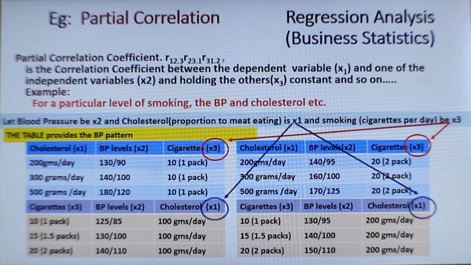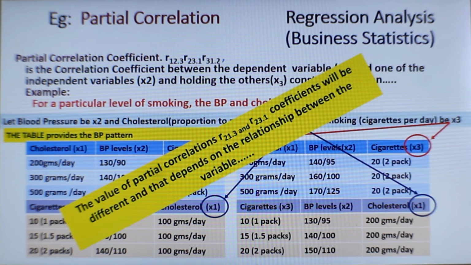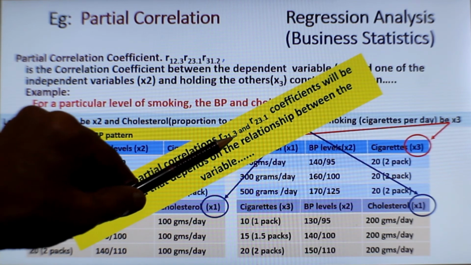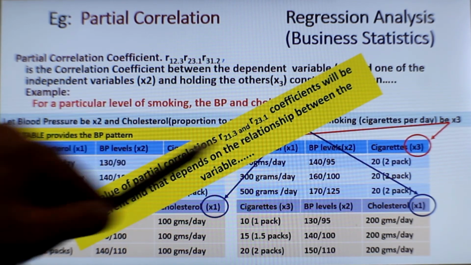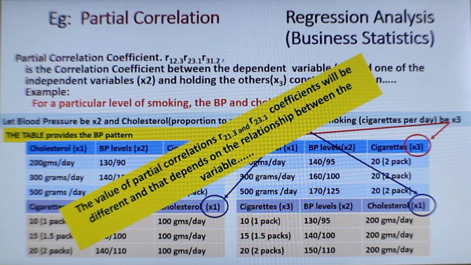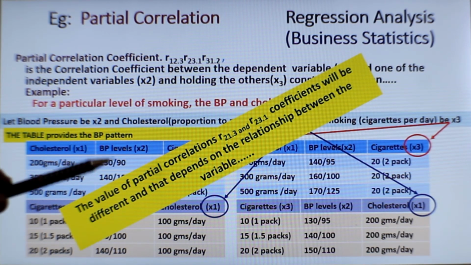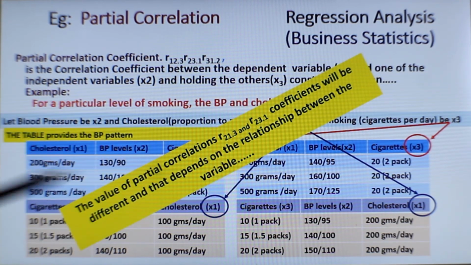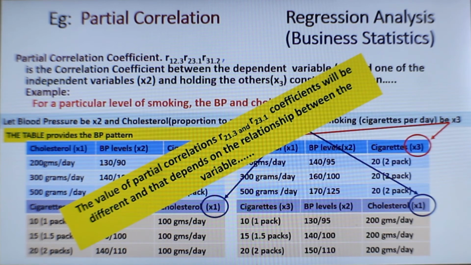So I am sure this example will help you to understand how to recognize partial correlation. The values of partial correlation are R21.3 and R23.1. The coefficients will be different, that depends on the relationship between the variables. Obviously, the BP depends on two variables and they can contribute to different levels of correlation.